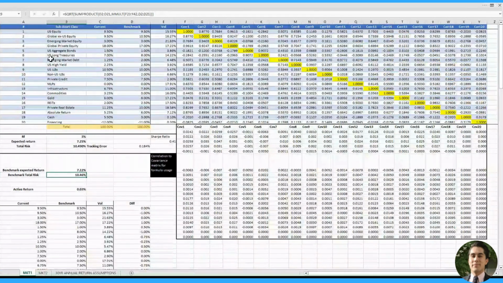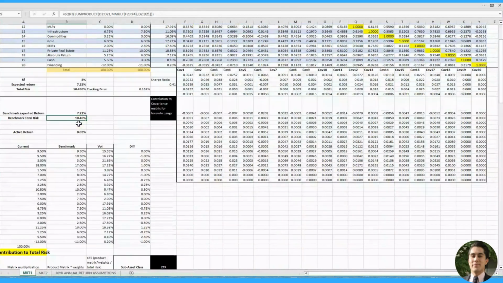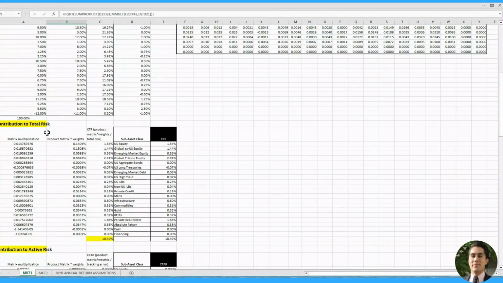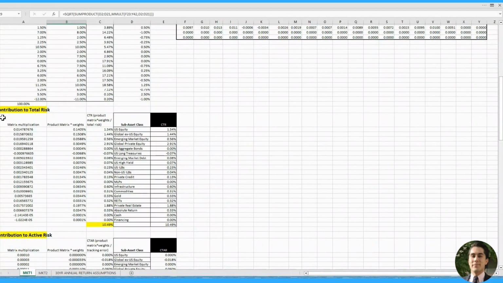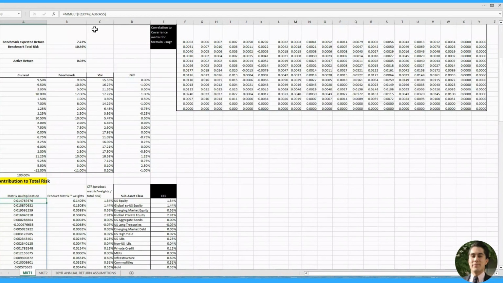So this 10.49, we want to decompose it to see how each of these sub asset classes is contributing to it, because that way we can assess, all right, we're being overexposed in certain asset class or underexposed or underweighted in another one. For that, we need the matrix multiplication.